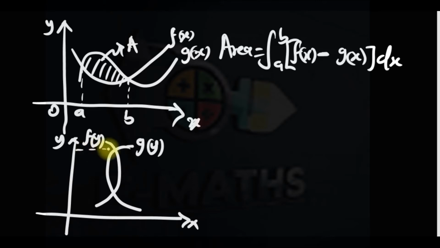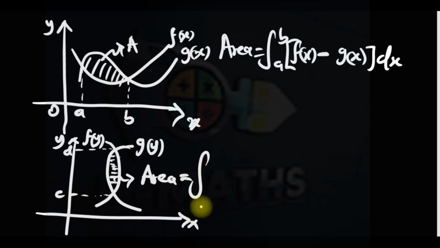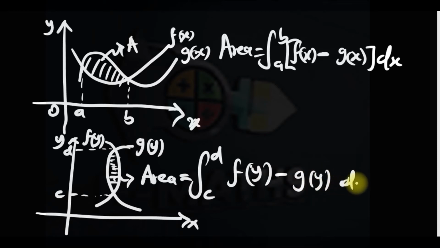If the two intersect from c to d, then the area formed by the two curves is the definite integral from c to d of the right function, which is the one here, minus the left function. So f of y minus g of y dy. That's what we are going to use here.